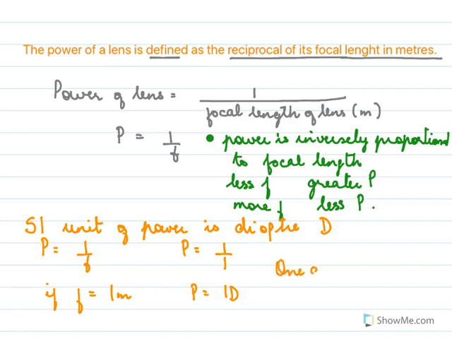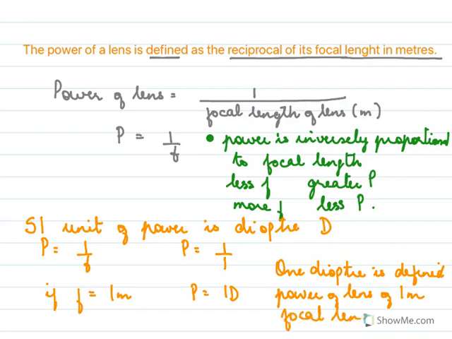So 1 diopter is defined as power of lens of 1 meter focal length. If a lens has 1 meter focal length, its power is 1 diopter.